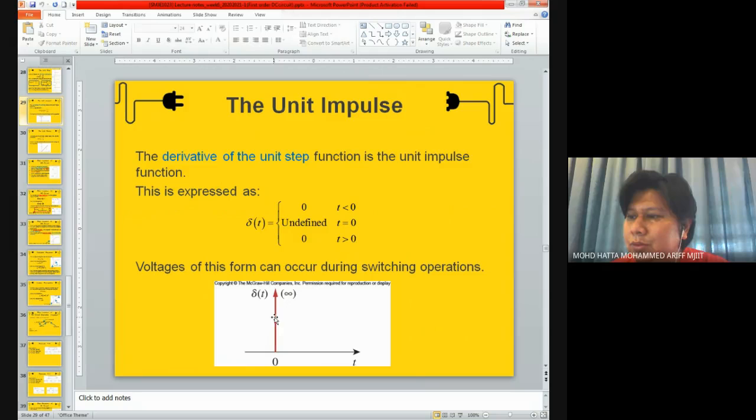If you try to shift this undefined value, you might also need to modify this part. For a shift towards the right hand side, or towards positive values of time, it becomes t minus t naught. If you shift it towards the left hand side, it becomes t plus t naught. So this is the general case of the unit impulse where we don't have any time delay.